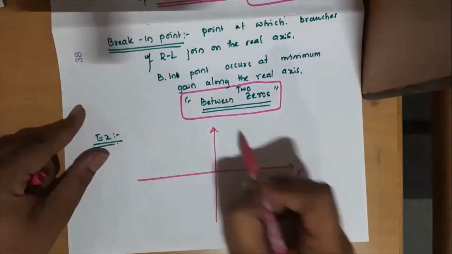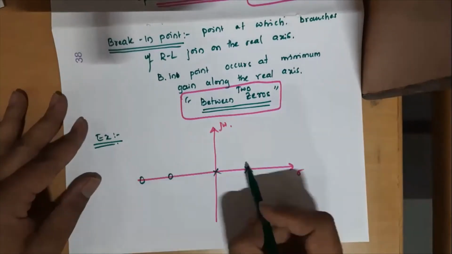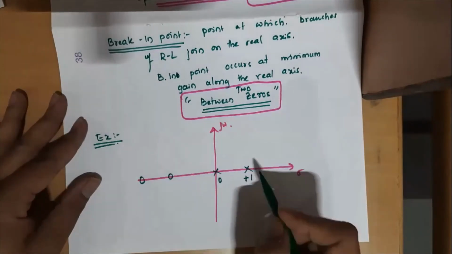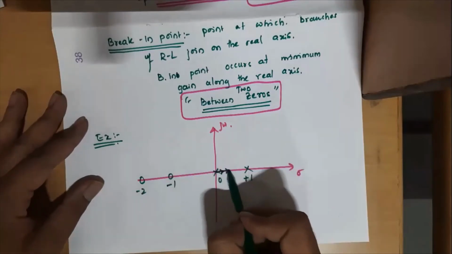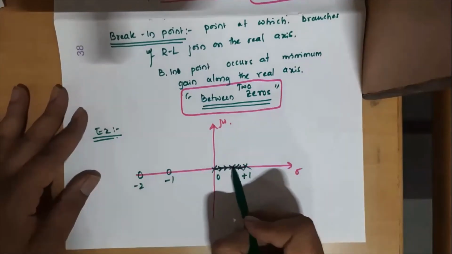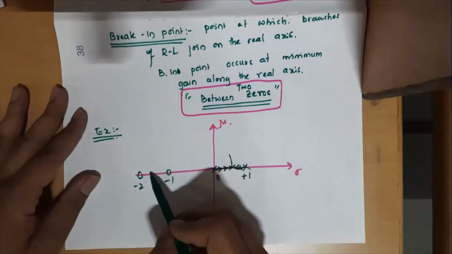I have one system whose poles and zeros are like this. Poles are at 0 and 1, and zeros are at -1 and -2. This is how the root locus looks for this particular example.